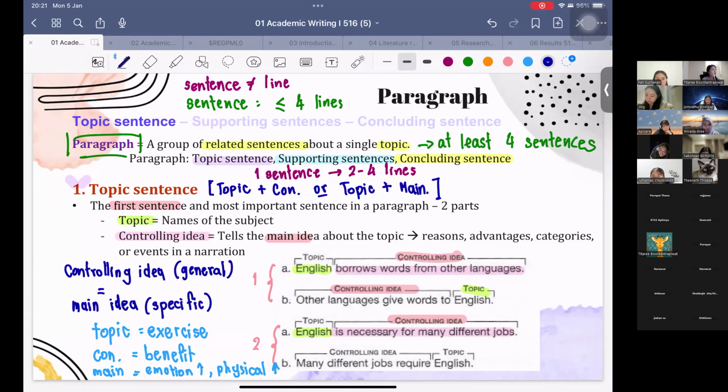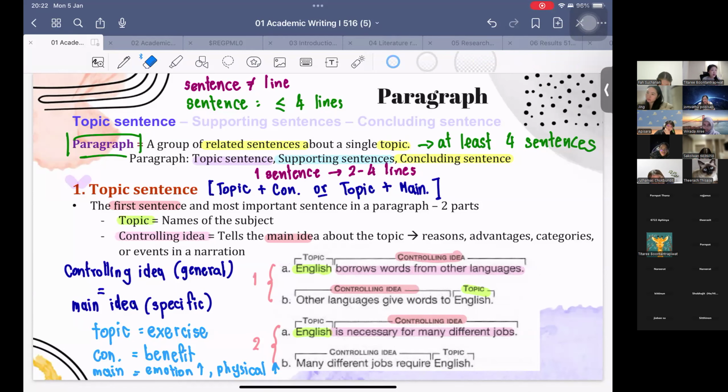The topic tells what you're going to write. The controlling idea tells the overview. The main idea tells the details of what you're going to write, so be specific. The overview of the specific thing technically refers to the same thing. That's why you pick one.